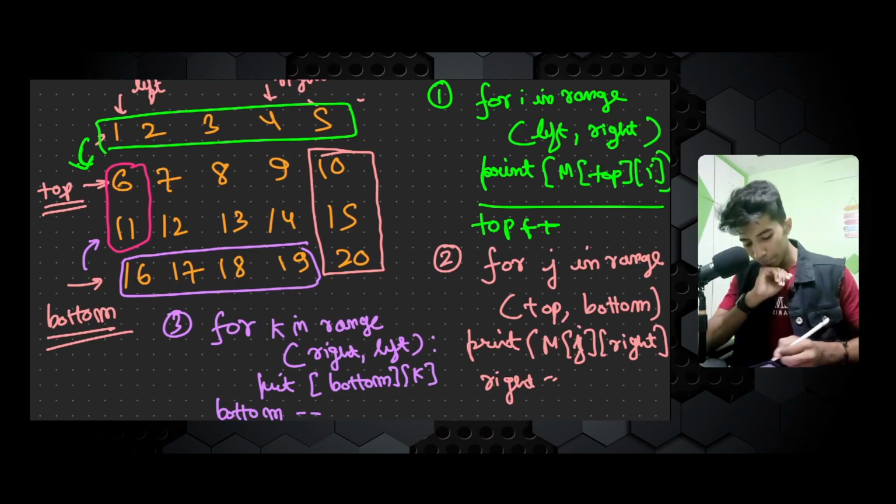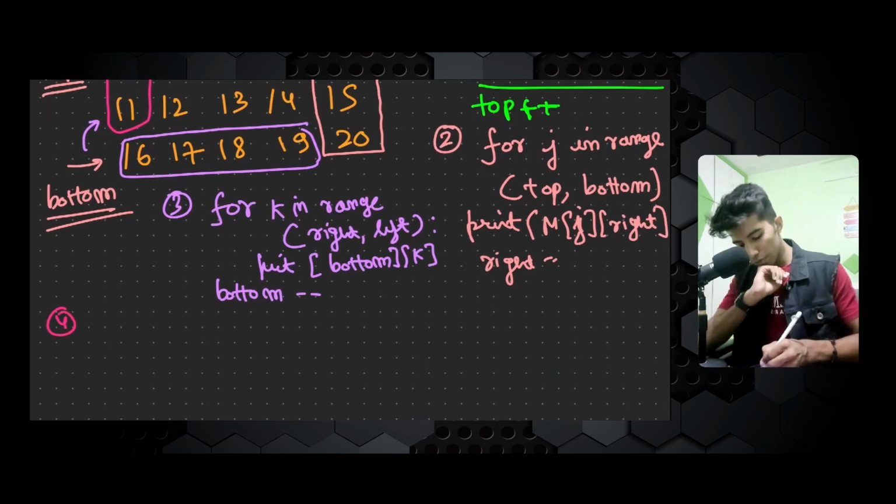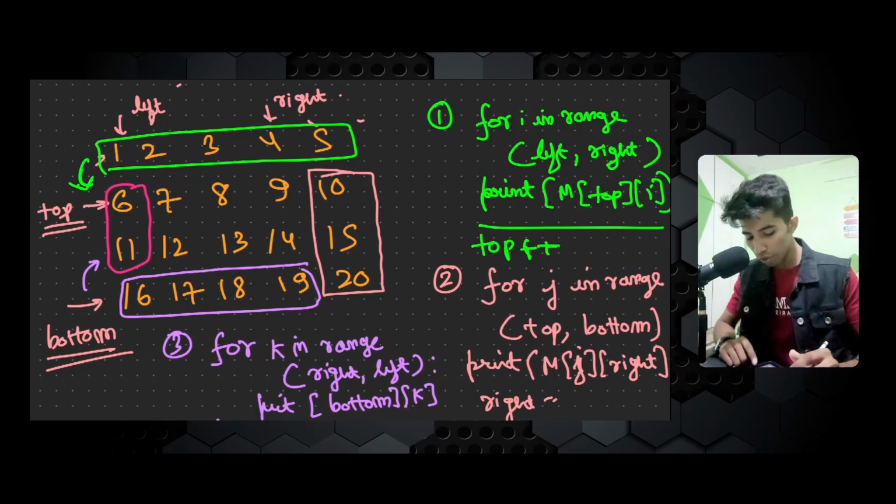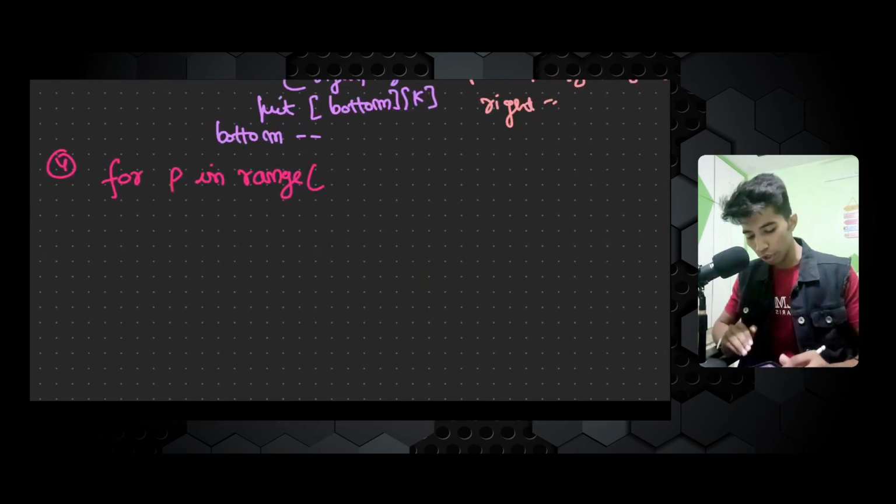So for that I have to run the fourth loop now, for p in range, let's say, and from where to where will it be running? It will be running from bottom to top.